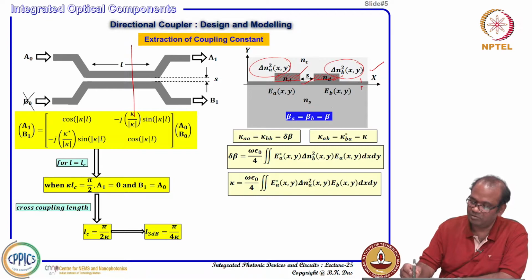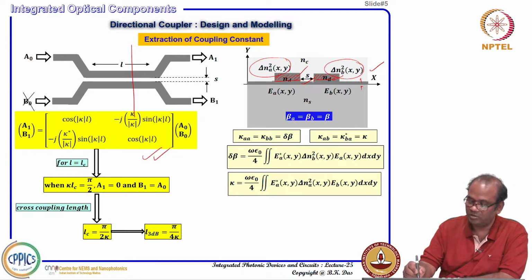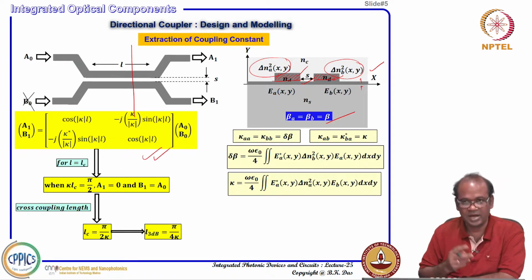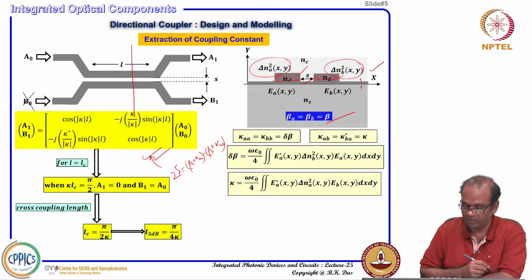And we have assumed that this type of transfer matrix we have derived when we consider that beta A equal to beta B equal to beta. That means identical waveguide structure. If it is non-identical, then we need some additional term would come here, that is actually delta equal to beta A plus kappa AA minus beta B plus kappa BB we have derived earlier, this should be 2 delta. Okay.